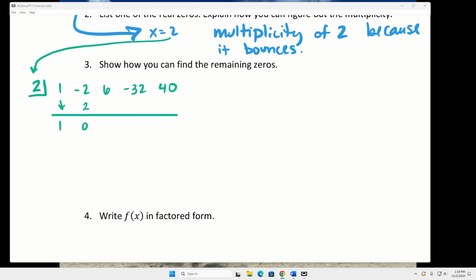And then multiply and add. Right, and if you say it's a 0, you should get a remainder of 0 or something went wrong.